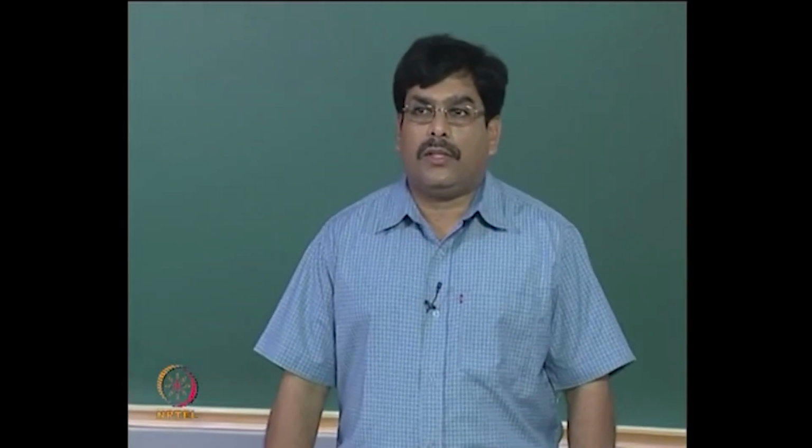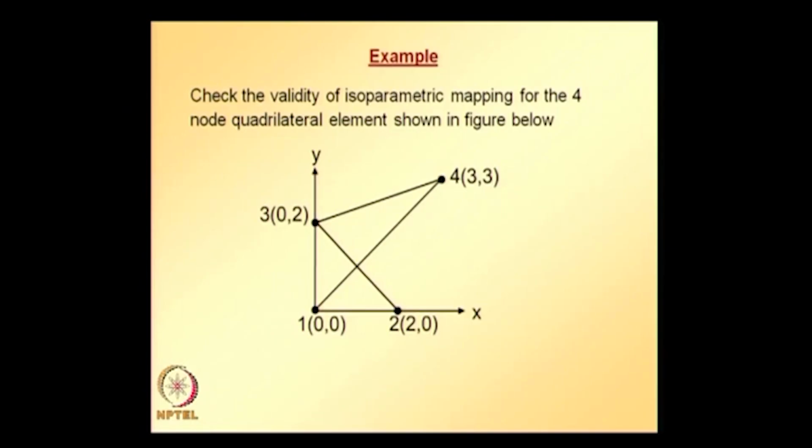So, nodes are numbered 1, 2, 3, 4. Instead they should have been numbered as 1, 2, 4, 3, or the nodal connectivity should have been 1, 2, 4, 3 instead of 1, 2, 3, 4. Let us see what is going to happen, and let us note down the physical coordinates x1 to x4 from the information given in the problem, and y1 to y4.